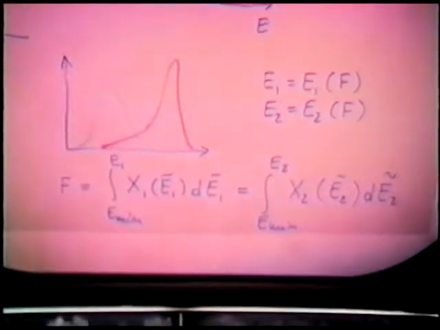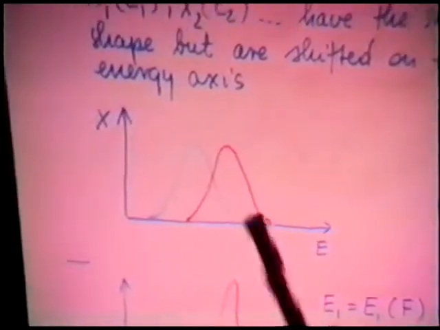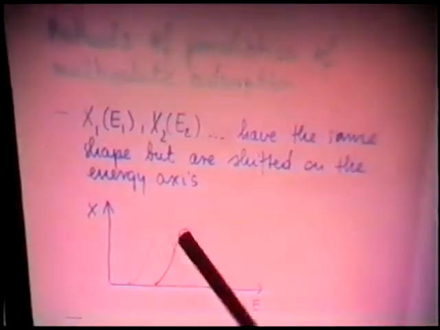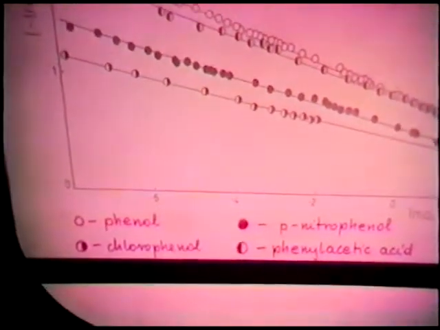And I would like only to show how we can use Harris correlation for single solute adsorption data and desolute adsorption data, where we use this simple method, or in the case where the energy distribution function has the same shape and is only shifted on the energy axis. Here I have correlation according to the Raduszkiewicz equation for single solute adsorption data for different solutes from water solution on activated carbon.